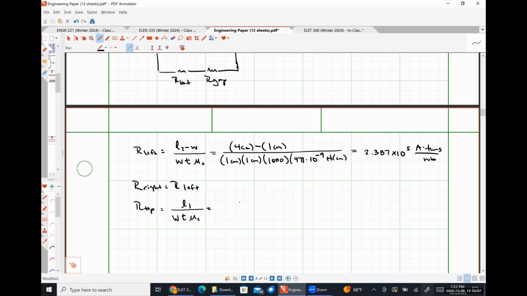So that's going to look like 8 centimeters divided by the exact same denominator we had previously. 1 centimeter times 1 centimeter times 1,000 times 4 pi times 10 to the minus 9 henries per centimeter.